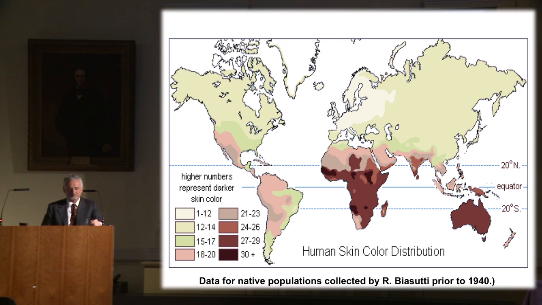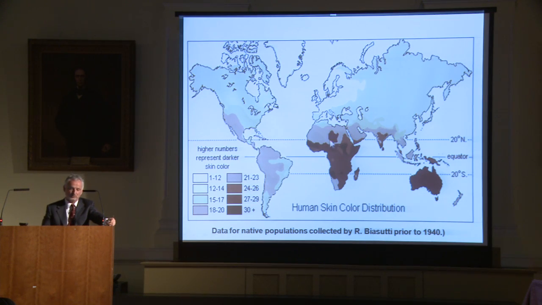And if we look at the native populations, data which were collected prior to 1940, we have the proof, which we know, of course, also already from school, that their skin color distribution is much of very dark skin in Africa, southern India, Australia. The further you go north, the lighter becomes your skin.